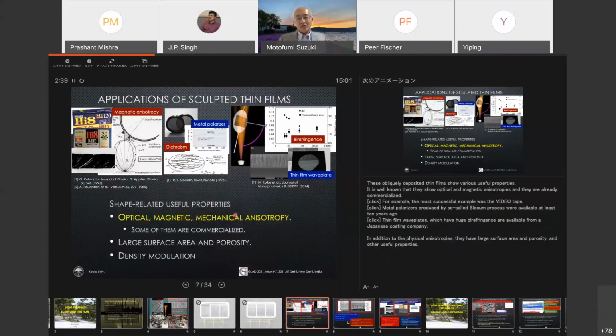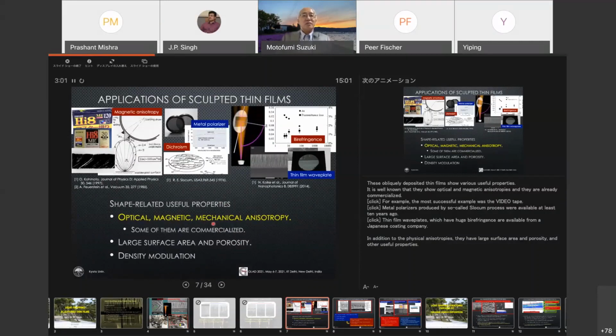unique nanocolumnar structures are created by the oblique angle deposition technique. And these obliquely deposited thin films show various useful properties. It is well known that they show optical, magnetic, and mechanical anisotropies, and they are already commercialized.